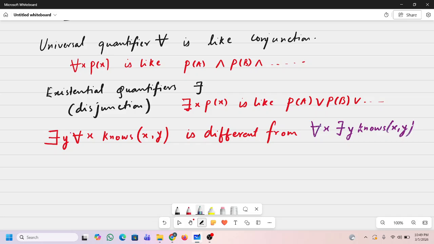Here the order is different. Here the existential comes first and then the universal. Here the universal comes first and then the existential.